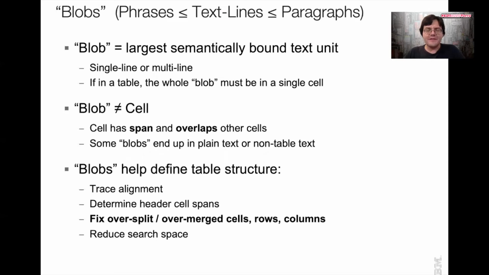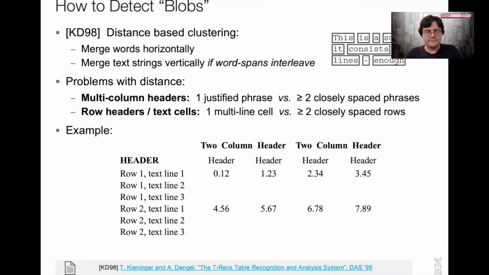Identifying blobs helps a lot with cell structure recognition because you will prevent oversplitting cells or undersplitting cells. So detecting blobs is non-trivial. You cannot just rely on spatial information. This is a contrived example here, but it has the same features as many real-life examples.